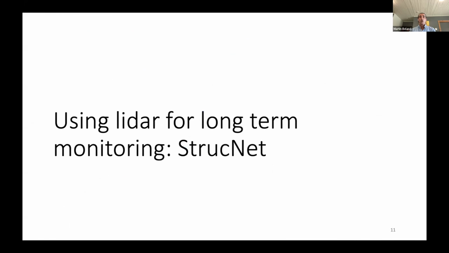So now I'm going to talk about a different type of instrument that I haven't talked about yet. It's behind the launch of a new group that's called StrikeNet, and the goal is to monitor forest structure in the long term.